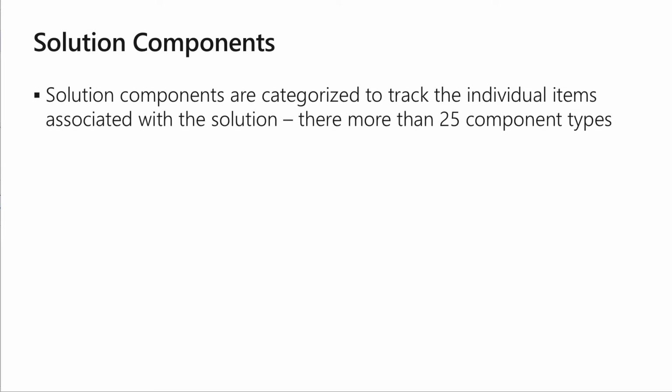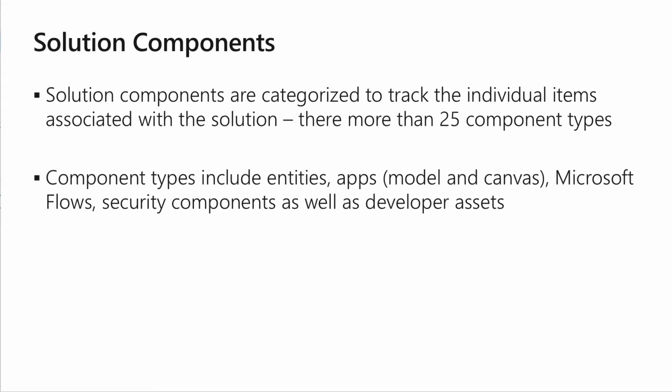The solution components are what are tracked by the solution. They're tagged or categorized so that you can have the individual items associated with the solution grouped by meaningful types. For example, entity, web resources, dashboards are all component types. Component types also include applications, model-driven applications, as well as Canvas.